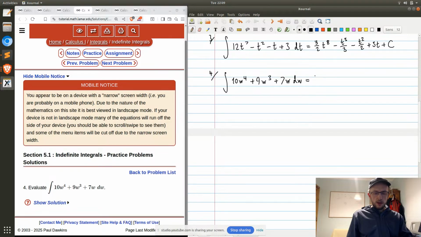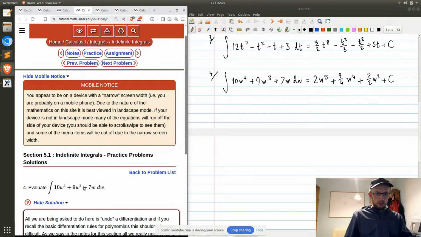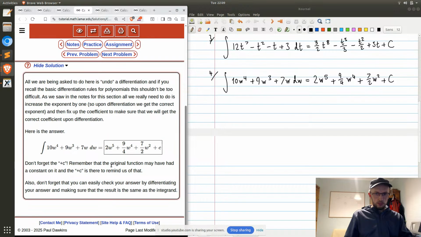Integrate 10w to the 4 plus 9w cubed plus 7w dw. Correct.